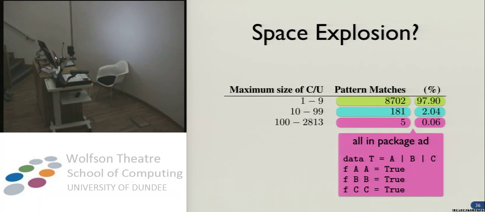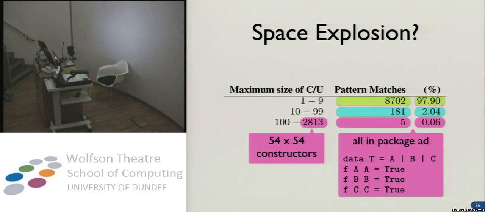In fact, all of these 5 cases were in the same package. There was one programmer very keen on this kind of situation, where they basically have functions of this form. So you have a data type with a number of constructors, and you match on 2 arguments that both should have the same constructor. And this exposes the kind of worst case scenario where your sets really become big.